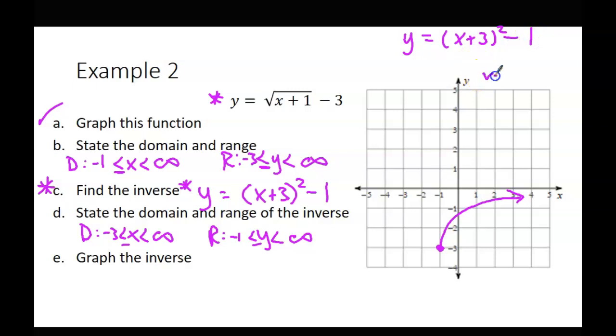So my vertex, let's write that. My vertex would be -3, +1. So we're going to put a dot there at -3, +1. Oh, yeah, you're right. Thank you. Thank you, Elijah. Right there. -3, -1.